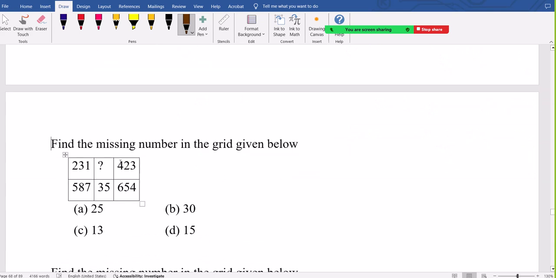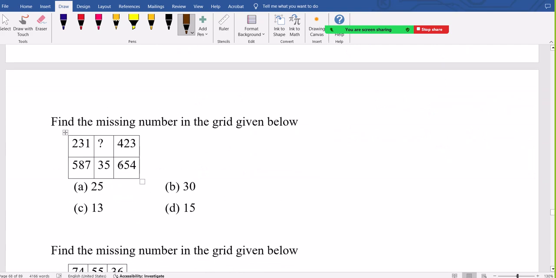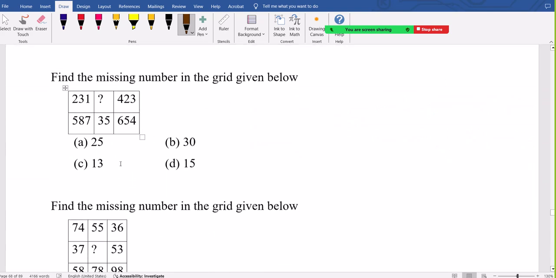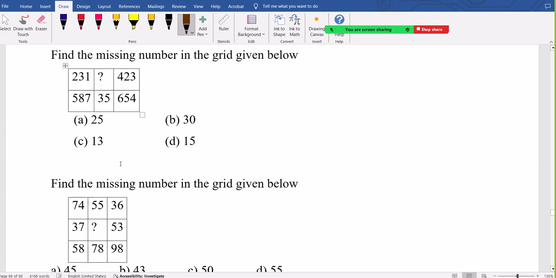Next one, 231, 423, 587, 35, 654. We have only one row fully given, other row they are asking directly. It's sum of digits you have to try. 587, sum of digits is 20. 654, sum of digits is 15.